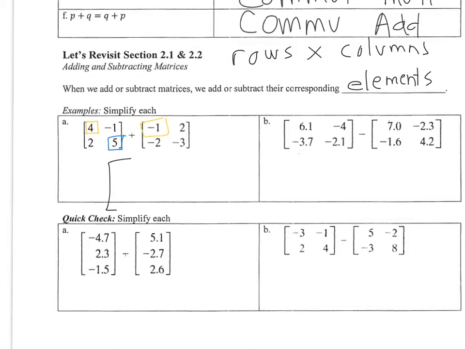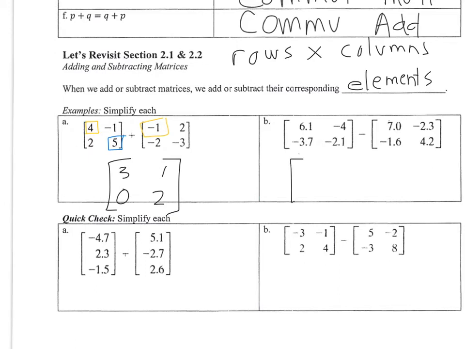So my matrix is going to be the same size, and I'm going to add up 4 and -1 and put it in this upper left hand corner. So that's 3. And then I'm going to add up -1 and 2 and put that in the upper right hand corner. So that's 1. I'm going to add up the lower left. So -2 plus 2, those are additive inverses, I get 0. 5 plus -3, I get 2. So that's my answer for my matrix.